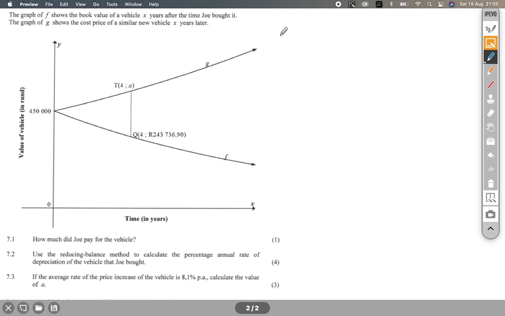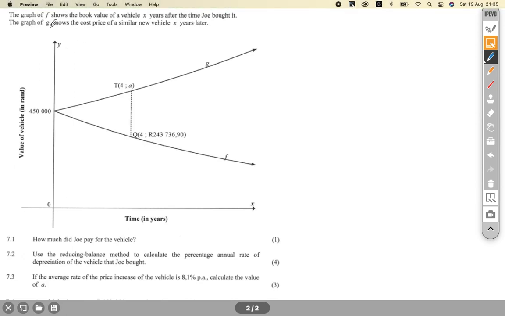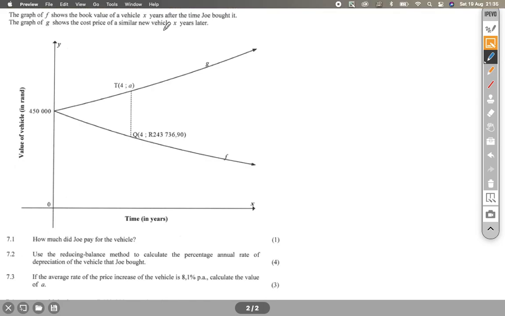Okay, so let's look at the graph. It shows the book value. F shows the book value of a vehicle X years after the time Joe bought it. The graph of G shows the cost price of a similar new vehicle X years later.